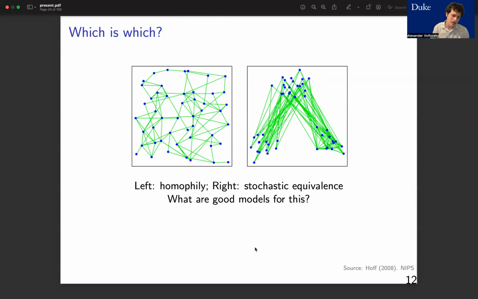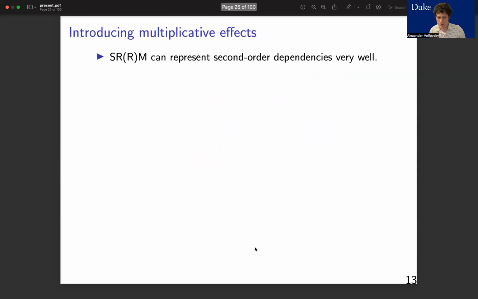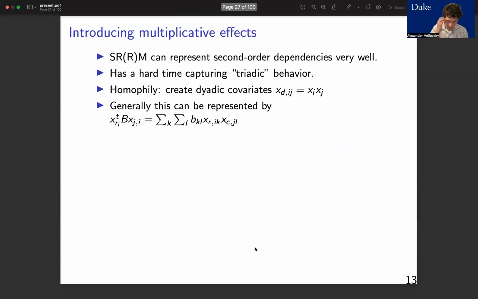It's very clear that the aforementioned models are unable to capture both of these behaviors simultaneously, even though we might be able to start capturing things about homophily, because essentially we can't go beyond second order dependencies. You can think about homophily as being captured in terms of these dyadic covariates that are constructed from individual level covariates, right?